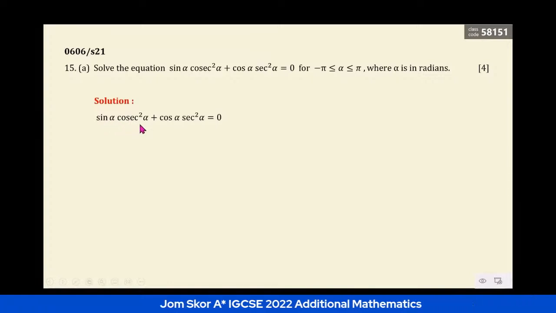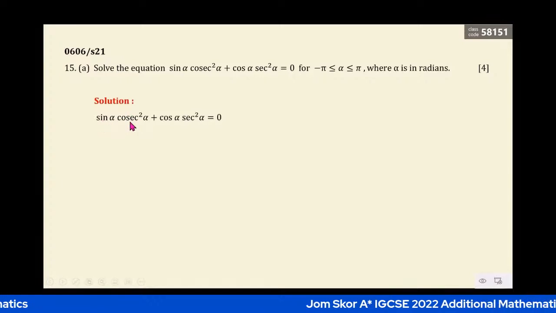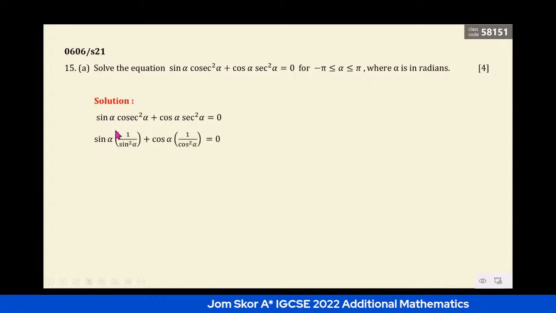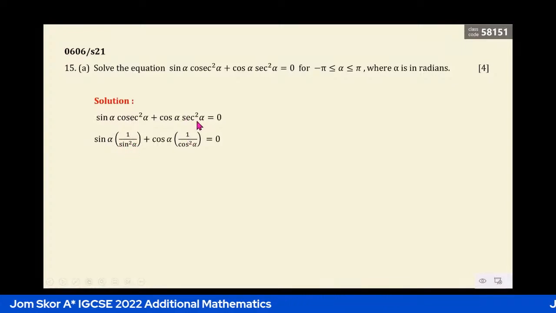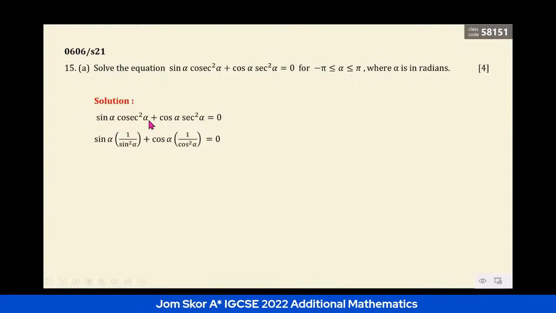Okay, sine and cosecant, what is their relation? We know cosecant is the reciprocal of sine. Alright, so it will become sine alpha multiplied by 1 over sine square alpha. Secant is the reciprocal of cos, so it will become 1 over cos square alpha. Okay, so we try to reduce the function given.